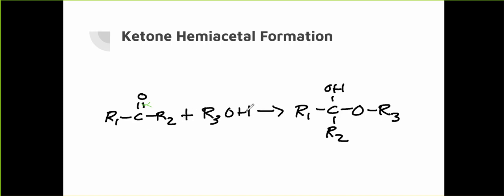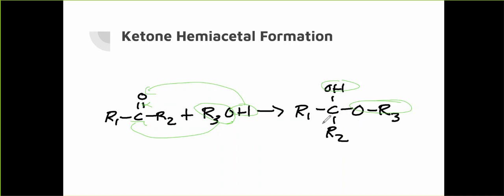And you're going to get the hydrogen going onto that oxygen, and then you're going to get this OR3 connecting to that carbon. And so you're going to get two R chains on this carbon, but this carbon has an OH group and an OR group, so this is a hemiacetal.